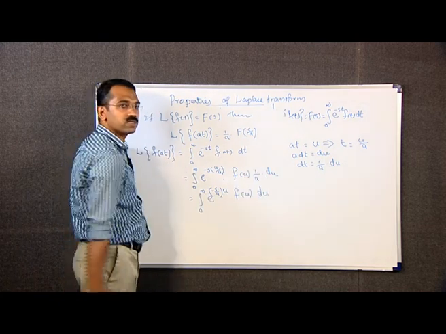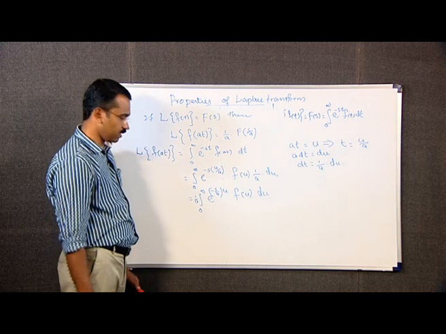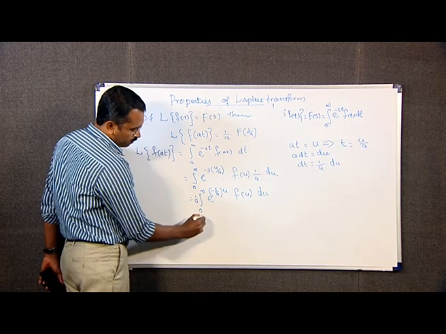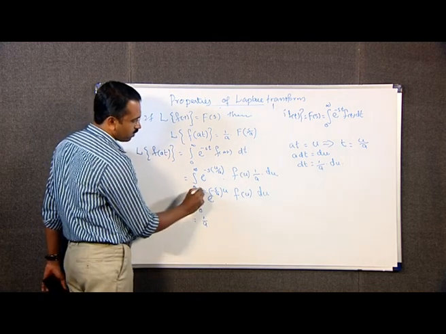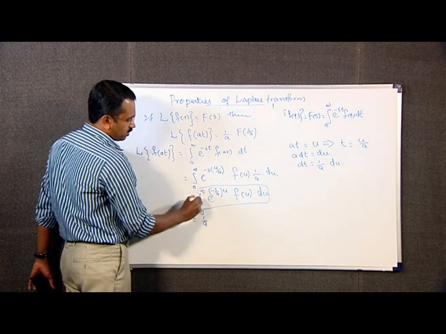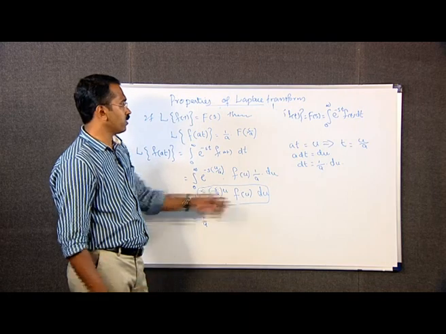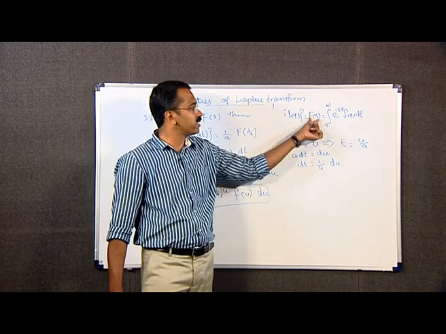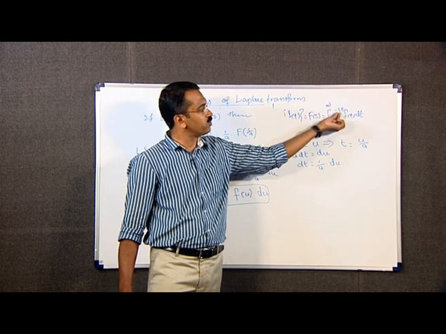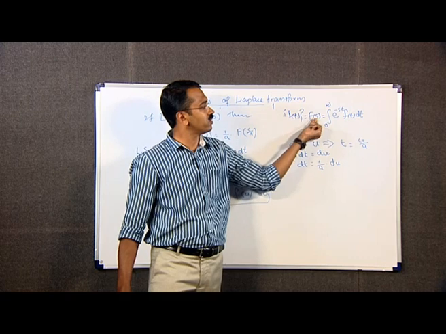This 1 by a is a constant, that term can be taken outside of the integral. This is equal to 1 by a into, comparing this with the definition of Laplace transform. This is the definition, that is F of s equal to integral from 0 to infinity e raised to minus st f of t dt. Here s by a, therefore it is F of s by a.